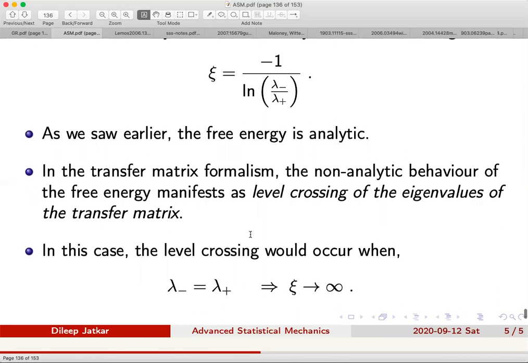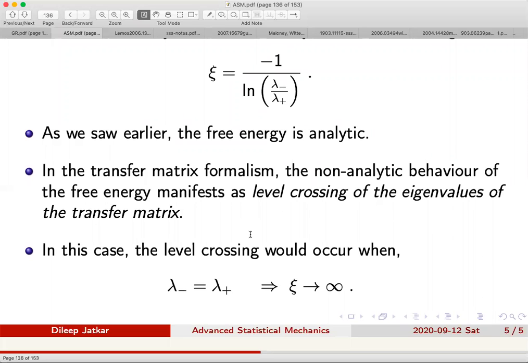Now of course we argued that the free energy is analytic at finite temperature, so therefore there is no phase transition at finite temperature, and at zero temperature you can only see a phase transition if there is a level crossing. Generically in transfer matrix language, even if you are looking at a finite temperature phase transition, that statement corresponds to level crossing in the eigenvalues of the transfer matrix.